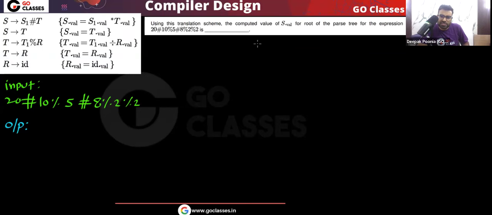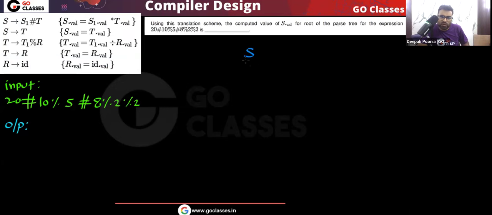So for the parse tree, the root node will be the start variable, that is S. Now you can see S will go where? You can notice in total we want 2 hash and 3 percentage. And you can see only this variable S can give me hash.